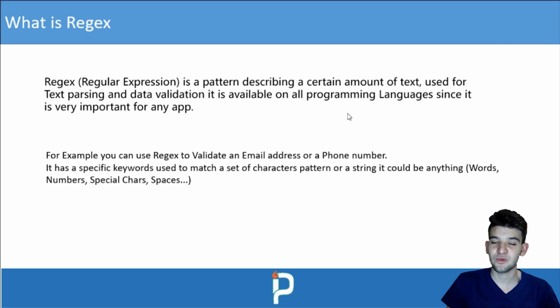There are a lot of special characters to tell it to reference such a pattern, so you can match sets of characters, patterns, and strings. It could be words, numbers, and special characters.